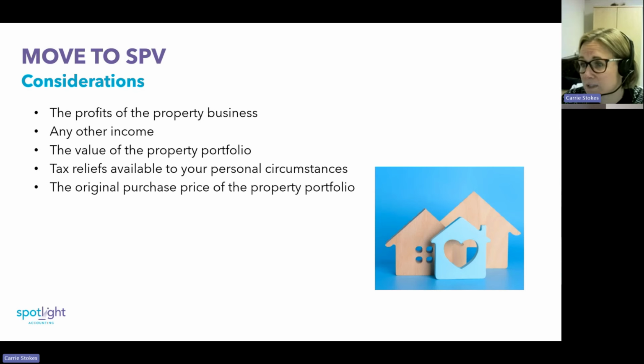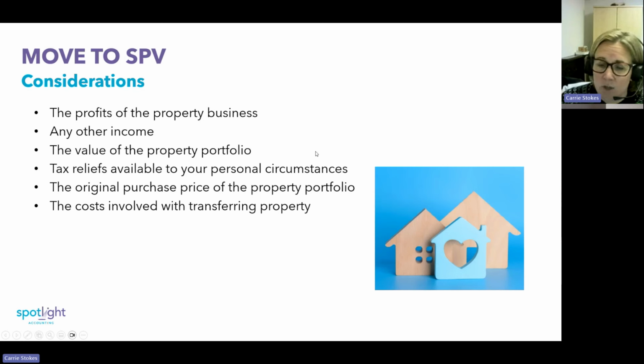So if it is an old standing property portfolio, it is more than likely, and if you don't qualify for incorporation relief, you're going to trigger some quite large capital gains. The costs involved with transferring a property over into an SPV. There's legal fees, professional fees, you've got mortgage broker fees if you've got borrowing on those properties.